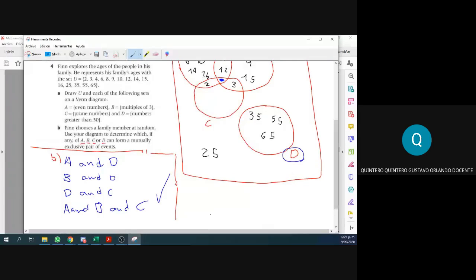If you want to put it like that, it's okay. If you want to put it with ands, it's also okay.